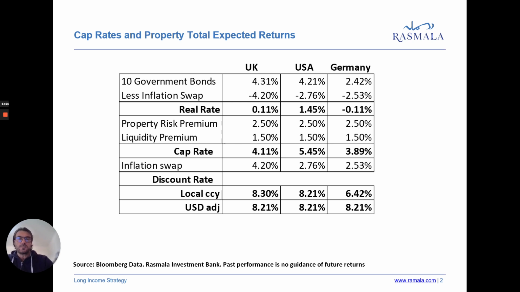Then we adjust those returns for the interest rate differentials, and we have a common currency type of expected returns.